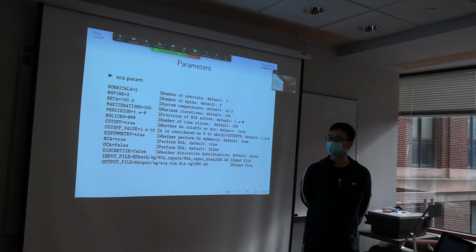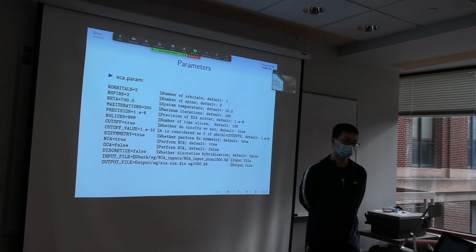The whole thing is a trade-off, right? NCA is an approximate method, but it doesn't suffer from any bad fitting or bad discretization error. And ED, of course, is an exact method for a discretized hybridization, but it suffers from the discretization error or a fitting error of your hybridization. And at the moment, we don't know which one of those problems is more serious. So that's one of the reasons why we're looking at this now with these NCA OCA solvers.